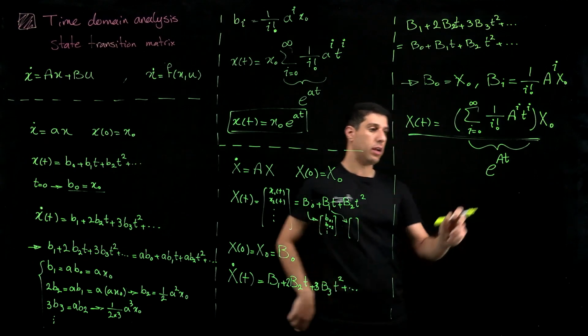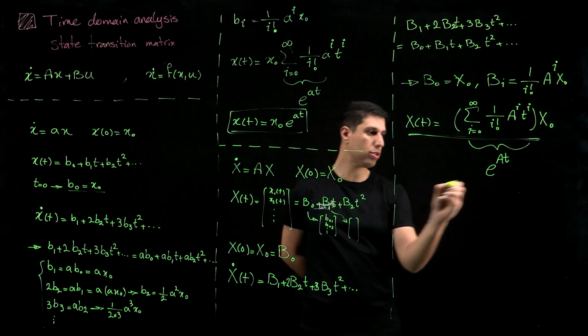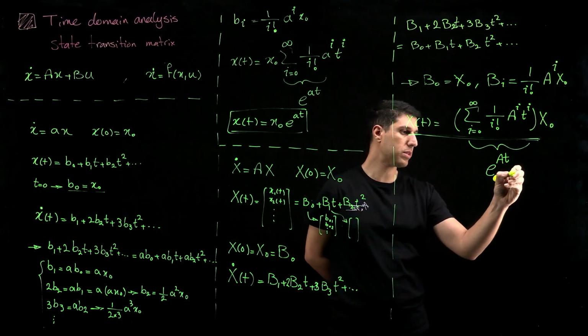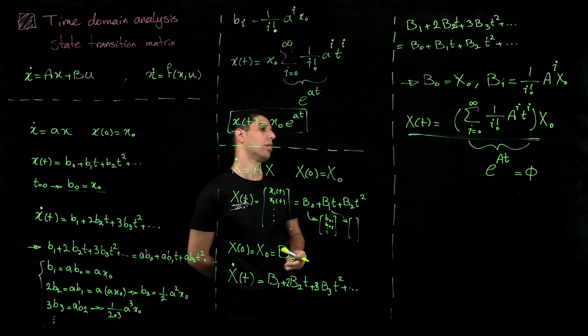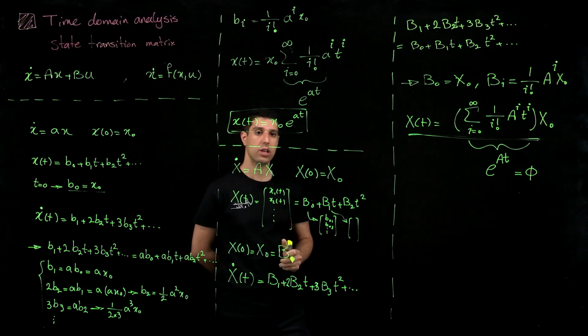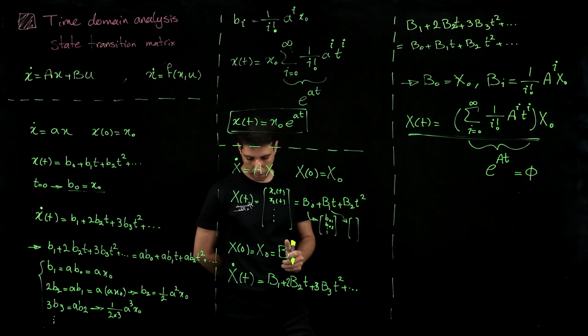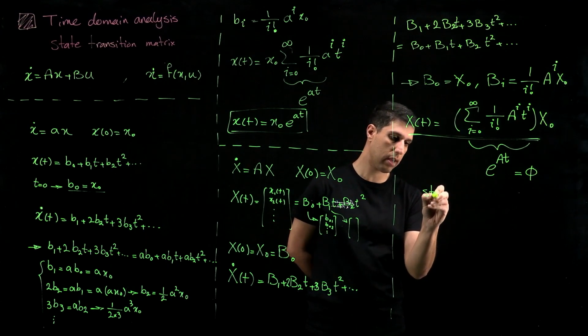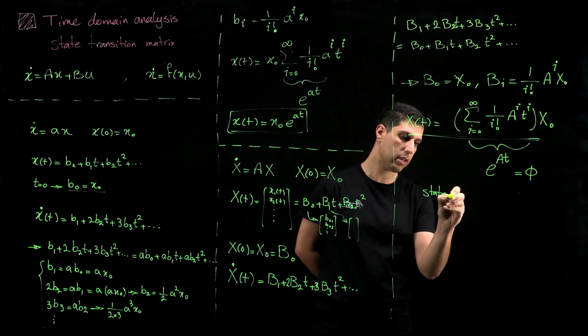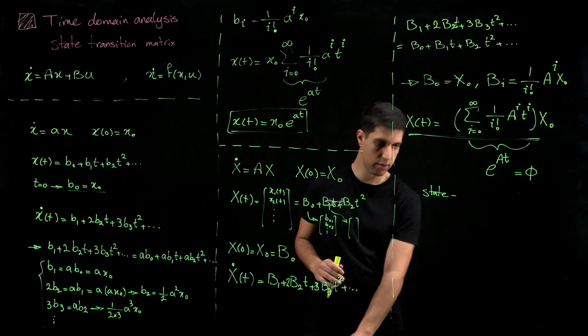So remember, this is E. Also, sometimes the notation capital Phi is used, and it is called the state transition matrix. Does it have a hyphen?